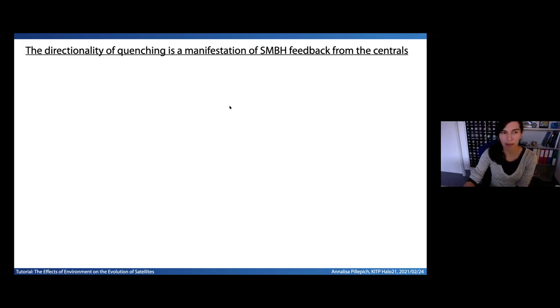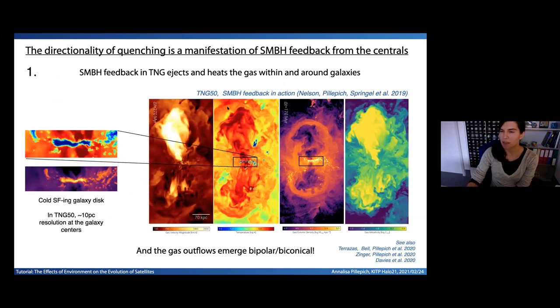So what's happening? We think this is a manifestation of supermassive black hole feedback from the centrals. As a reminder of what Dylan told you, at least in TNG, supermassive black hole feedback ejects and heats the gas within and around galaxies. And the outflows and the effects are coming out in a bipolar manner, even if the feedback injection is isotropic.